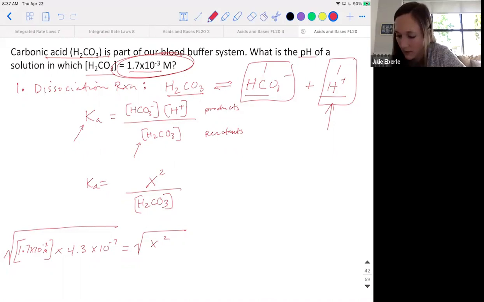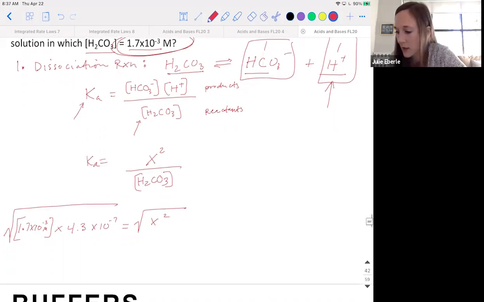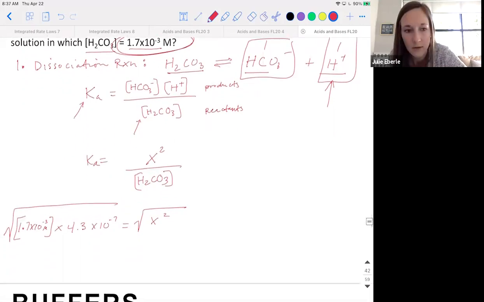I'm not competitive. Times 10 to the negative 7. Okay, what did y'all get? I got 0 point, let's see, 1, 2, 3, 4. Well, I'm actually going to write it as scientific notation. I knew it, Brooklyn. 2.7 times 10 to the minus 5. That's what I got. Molar.